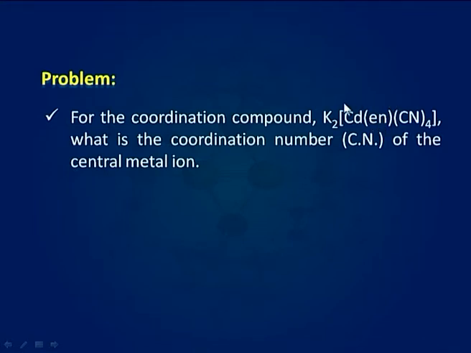Again, you have to proceed within the coordination sphere, that is the part of the complex which is enclosed in the square bracket. So, you have to multiply the number of ligands with their denticity and add all the values. There are 4 monodentate ligands and 1 bidentate ligand.